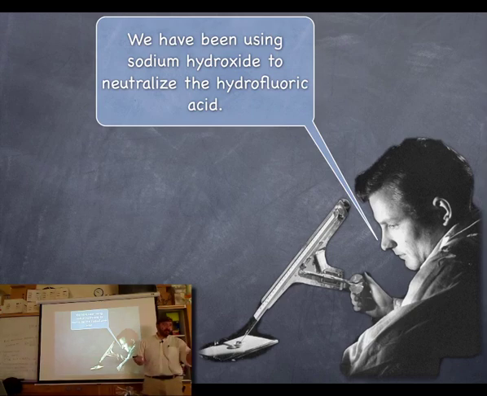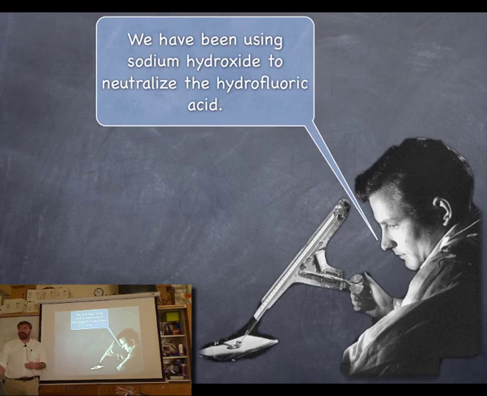They have the hydrofluoric acid reaction that they're using to etch. Well, they neutralize that hydrofluoric acid with sodium hydroxide. They're not trying to pollute the environment. They're trying to keep the pH coming out of their factory balanced. So they take their excess hydrofluoric acid and add some sodium hydroxide to it, and the two react and neutralize each other.